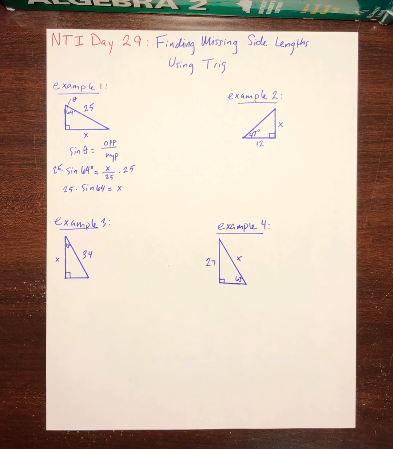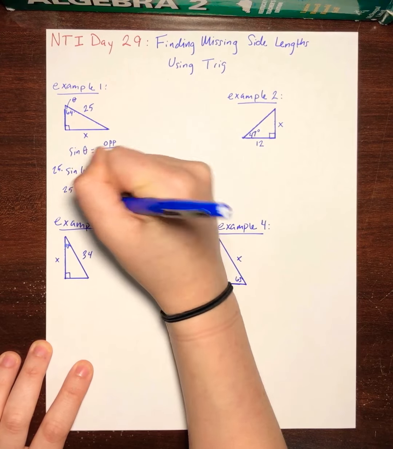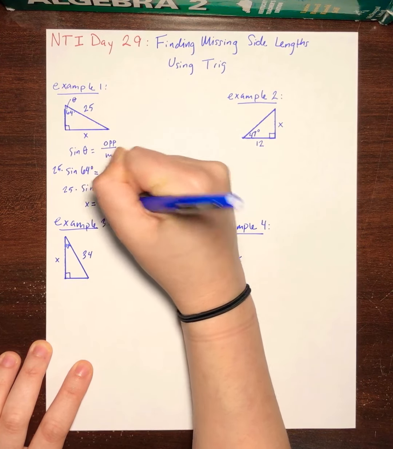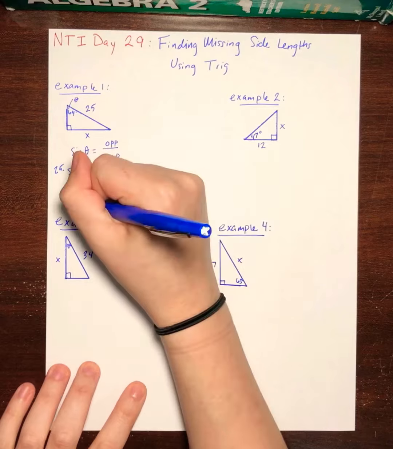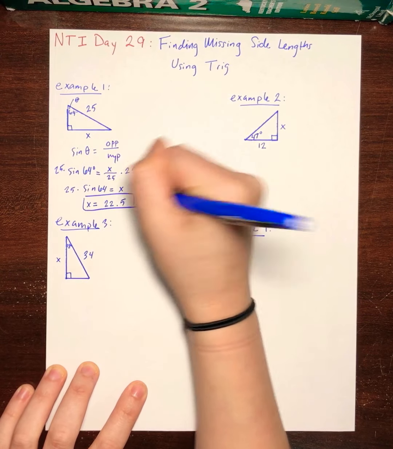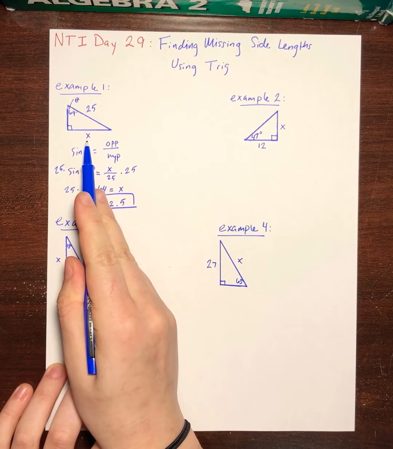If you have a graphing calculator at home, you can just use that. If you have a calculator that does your trig functions, you can do that as well. I just typed it into my phone calculator and I got x equals 22.5. So 22.5, and that's just rounded to the nearest tenth. And that's going to be our answer. So that's the length of that side x.